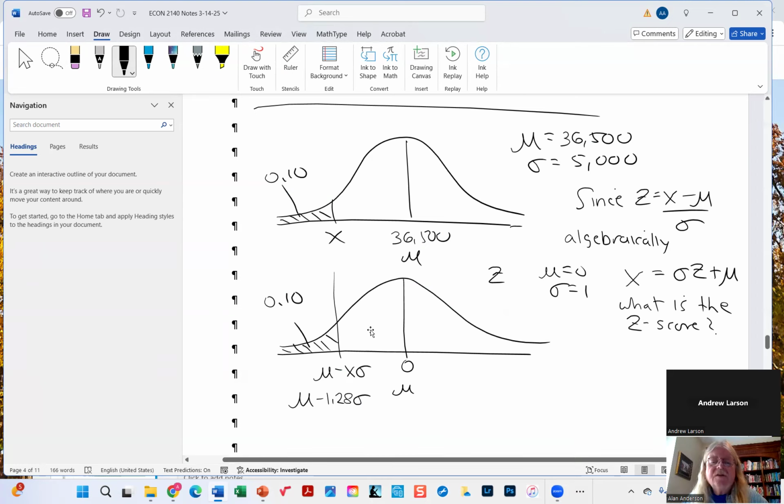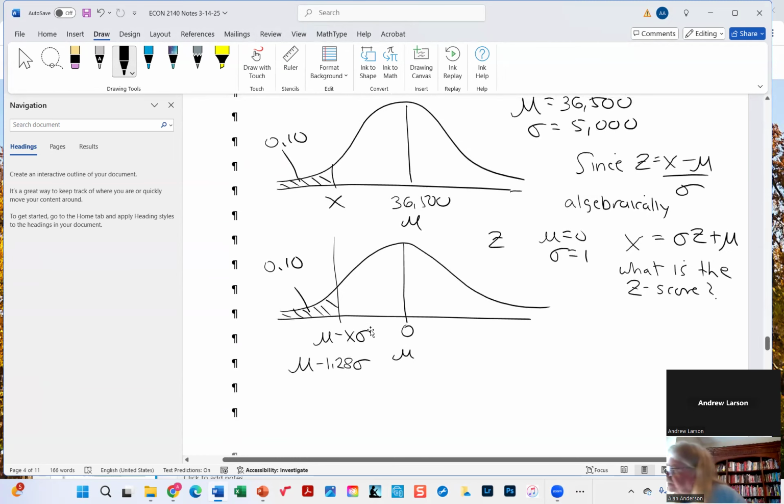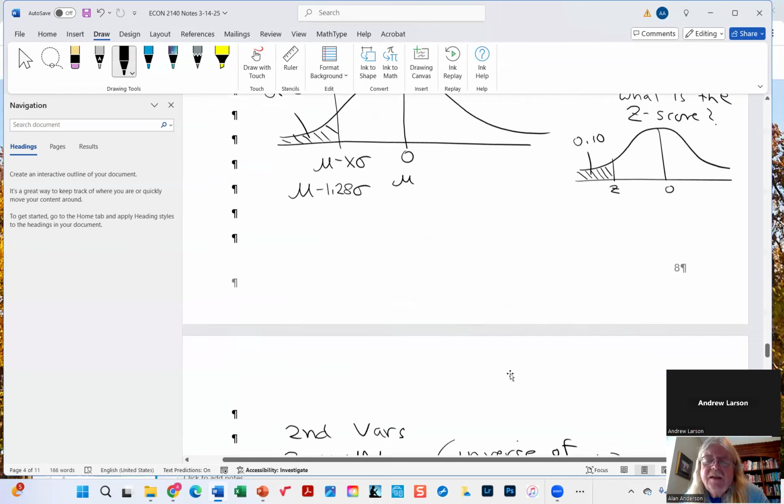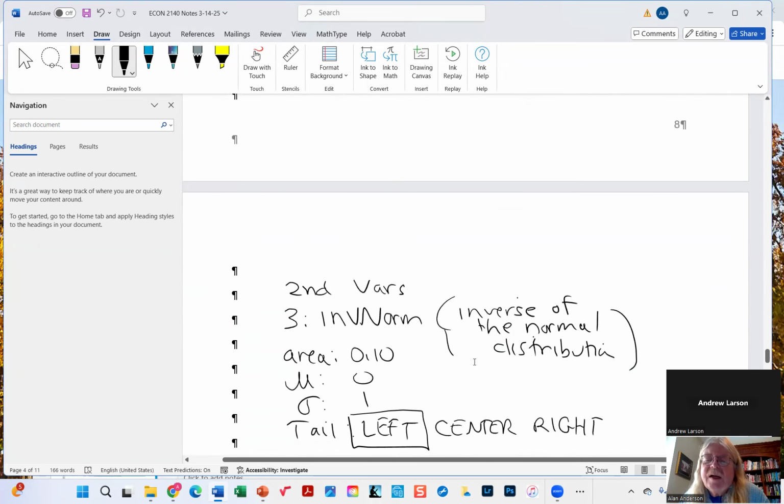So in other words, if you look at your standard normal curve, there's going to be some Z-score that corresponds to a left tail area of 10%. How do we find that? Well, I'm glad you asked.